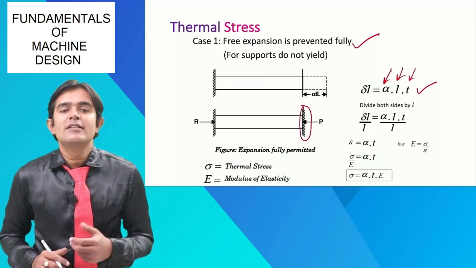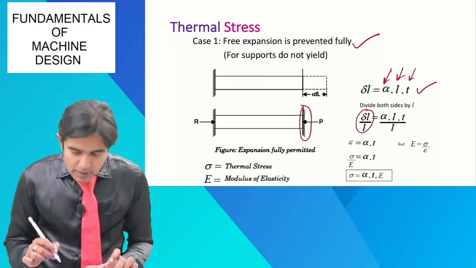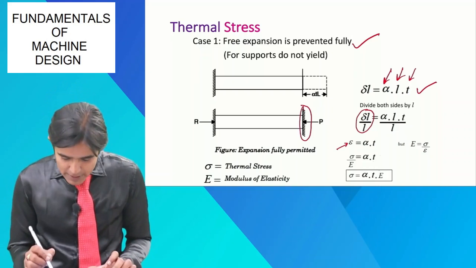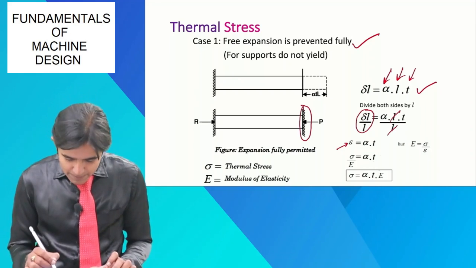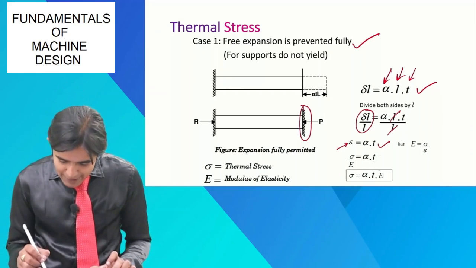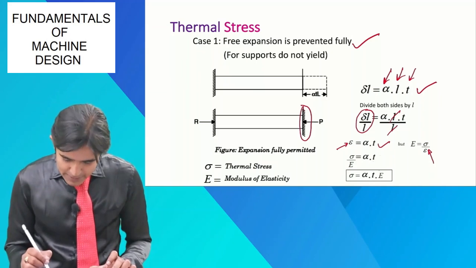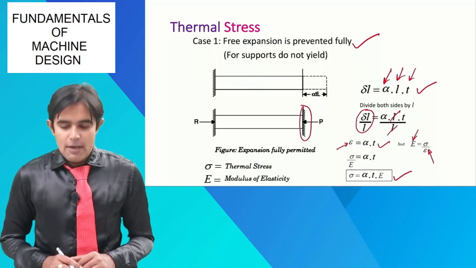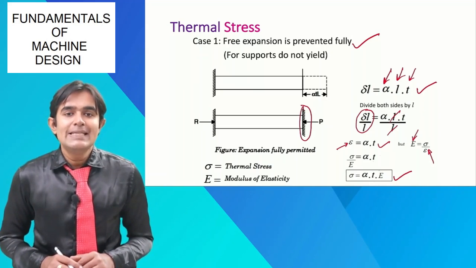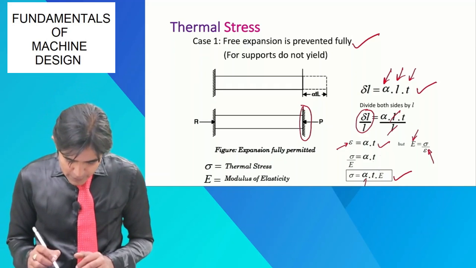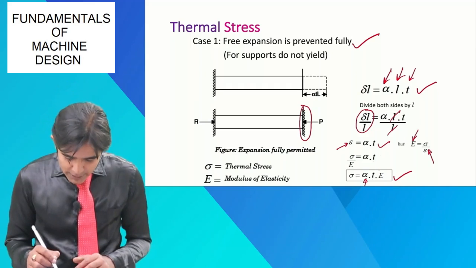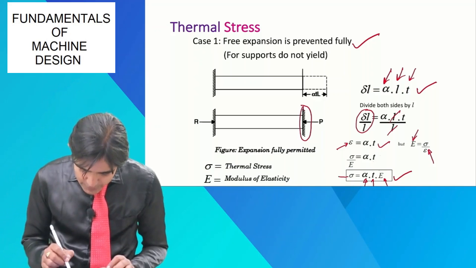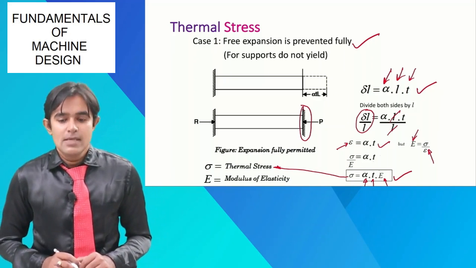If I divide both sides by L, then we already know linear strain, that is epsilon, is delta L upon L. L will get cancelled on this side, so it will become alpha T. If I put the value of linear strain in the modulus of elasticity, then finally I'll get the value of stress, which is alpha into T into E, the coefficient of expansion into temperature into modulus of elasticity. So this value is called thermal stress.